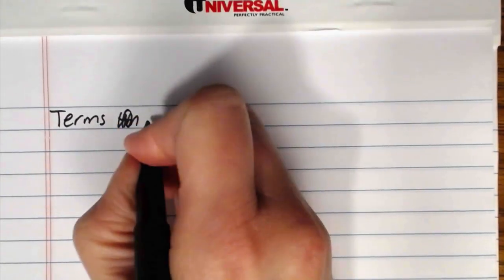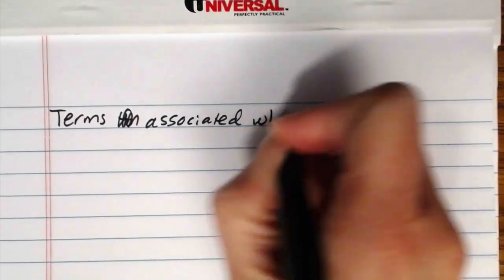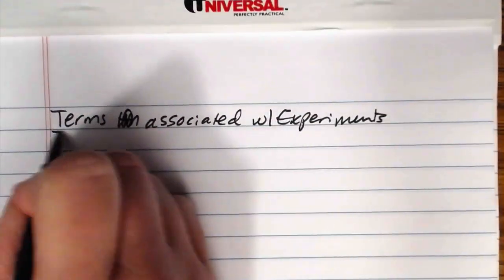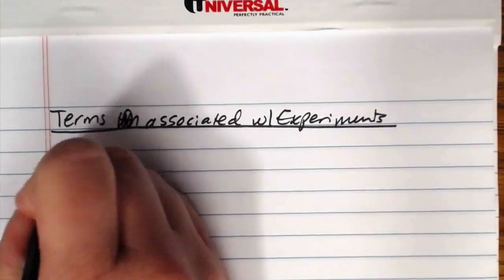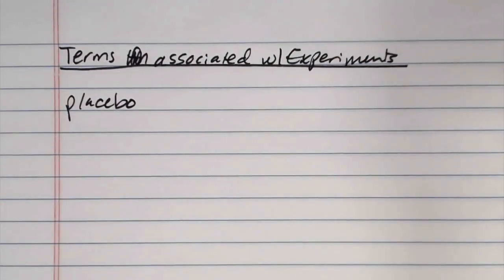So these are terms associated with experiments. Placebo is something, like I said, you may have heard. So sometimes the control group gets a placebo.